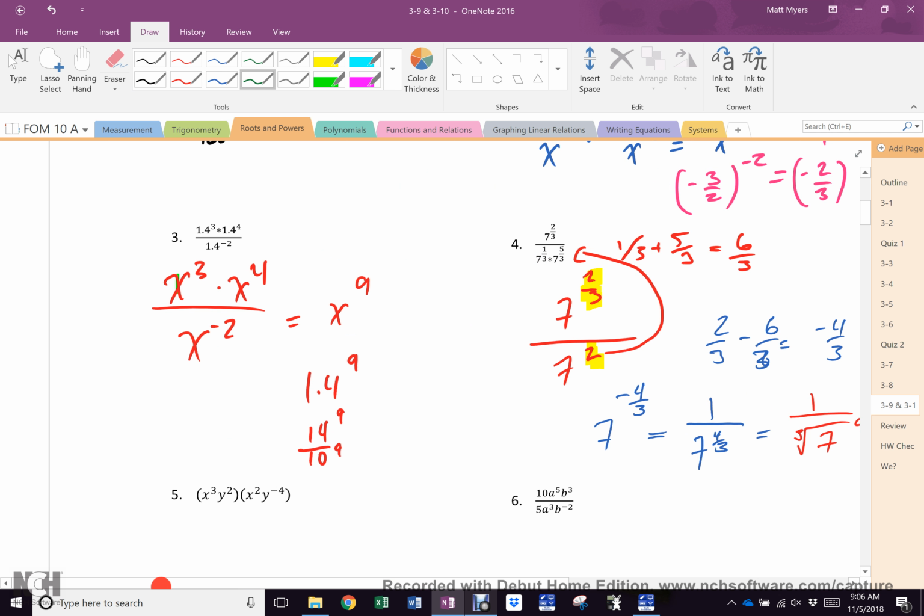What about 5? Is 5 weird? Of course not, because you apply your previous knowledge. If there were no y's, would you know what to do? Yep. If there were no x's, would you know what to do? So just do it.